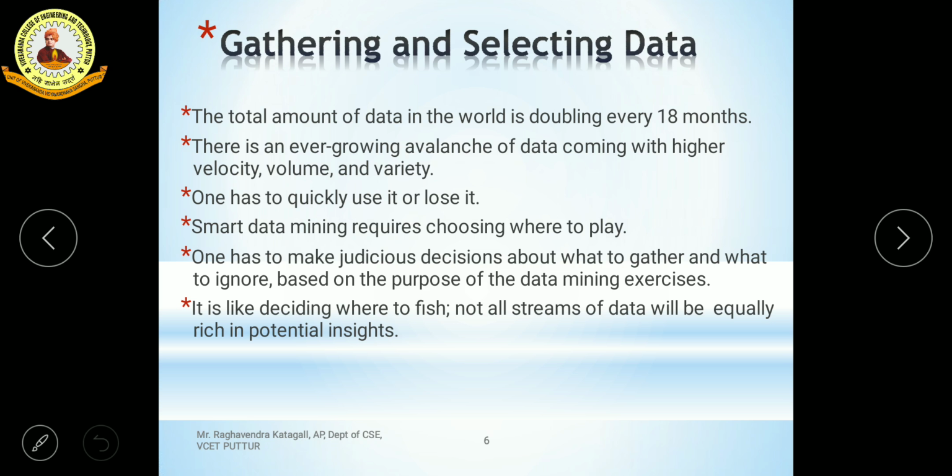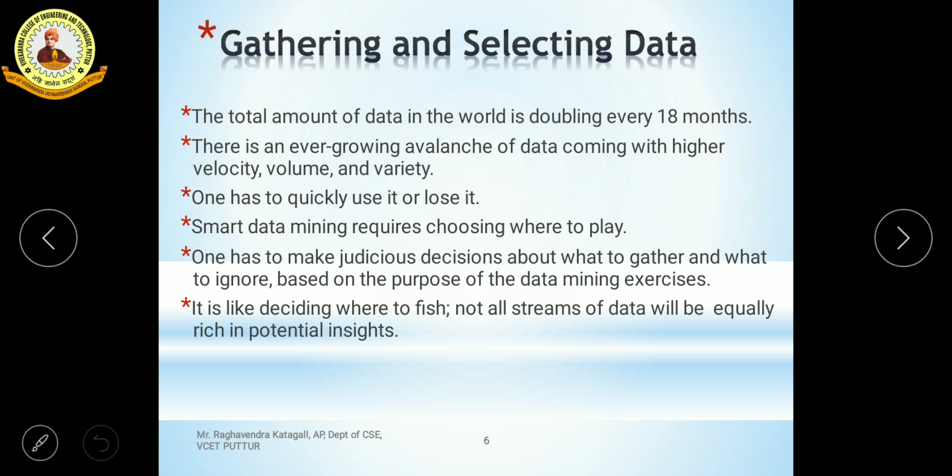Then, what are the essential requirements for data mining that we are studying? The first requirement is to gather and select the data. The first step in data mining is gathering and selecting the data. See this statistic: the total amount of data in the world is doubling every 18 months.